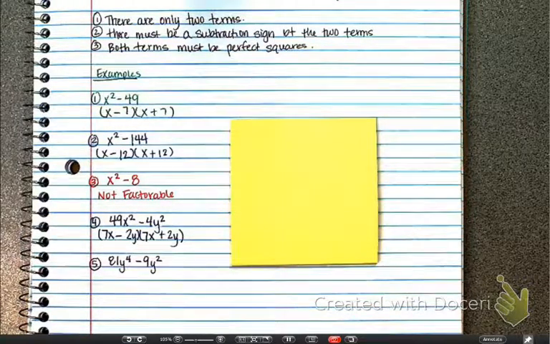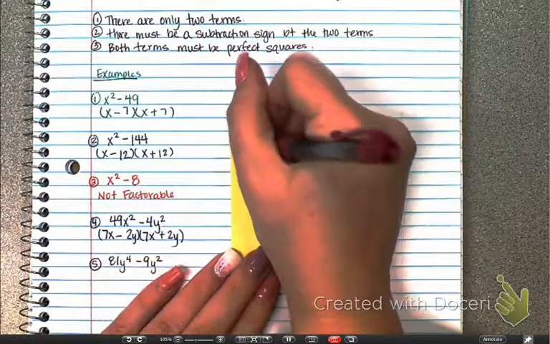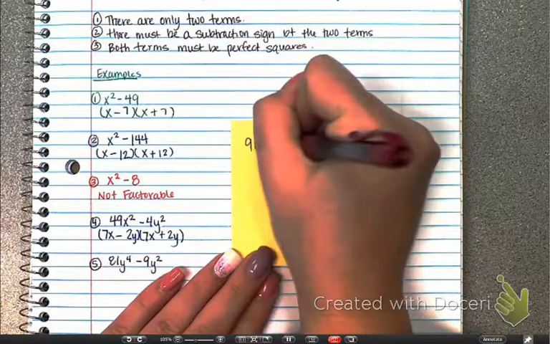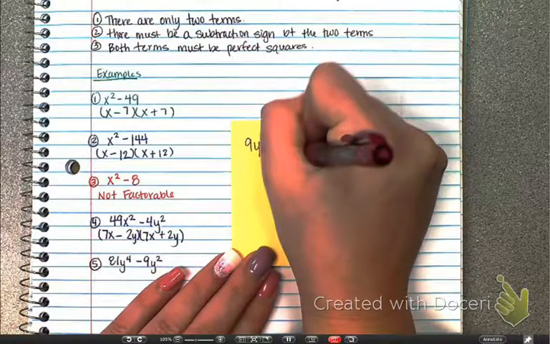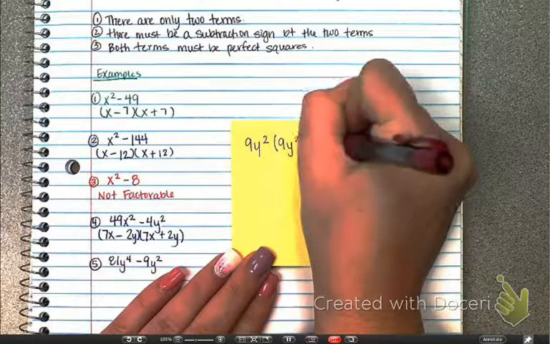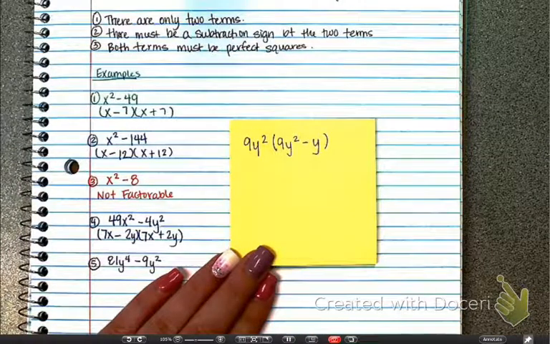I'm hearing quite a few answers. So I would like to get answers before I go through this one. So Shylon, what's your answer? 9y squared, and then in parentheses, 9y squared minus y. Okay, did someone get something different?